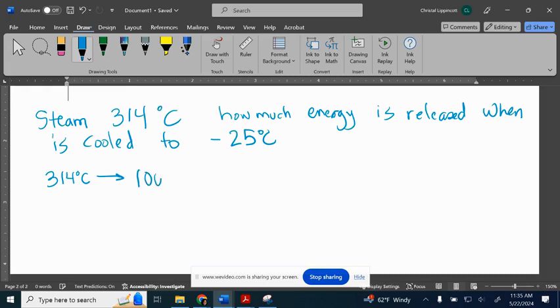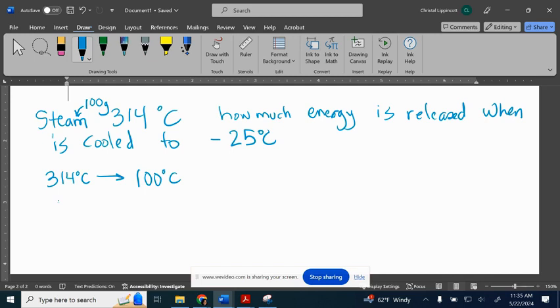Yep. So I have to do the math on that. Oh, I need a mass of this. How many grams do we want? 100 grams? Okay. So 100 grams of steam. So I need to cool that down to 100 degrees Celsius. So we're going to do a math problem here with that.